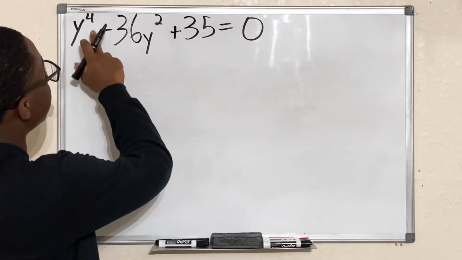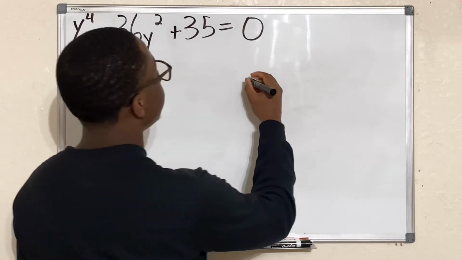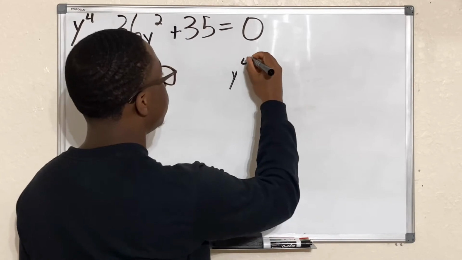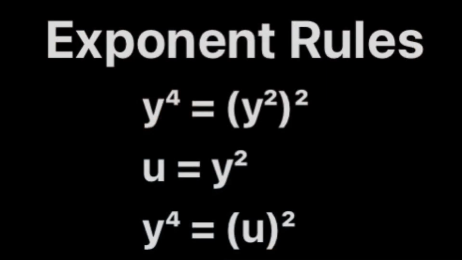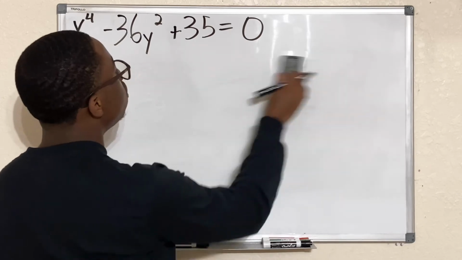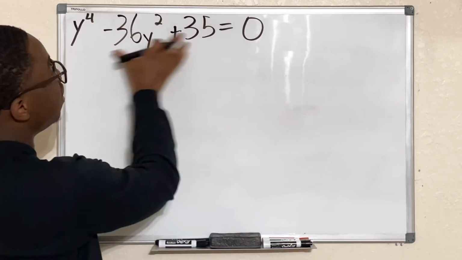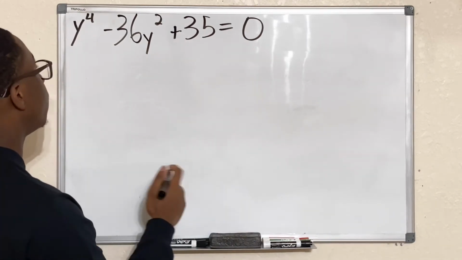So when you're working with degrees such as y to the 4th, we're trying to get it to equal y squared. So we're going to end up substituting y squared out of this whole equation with u.